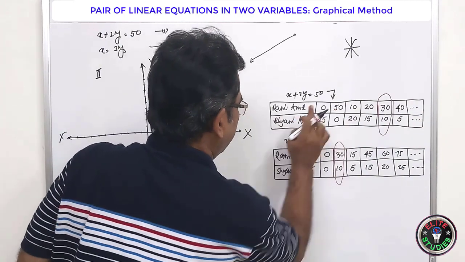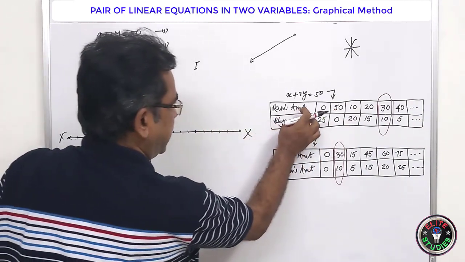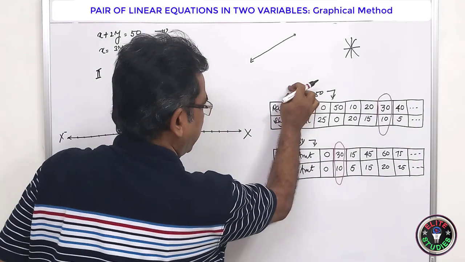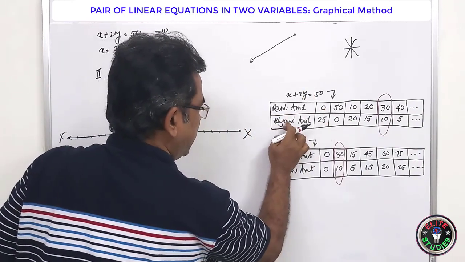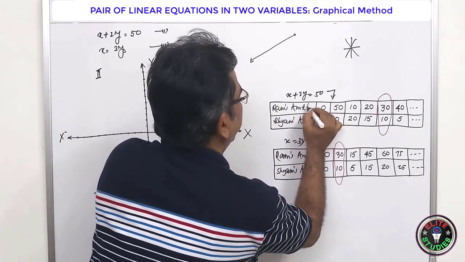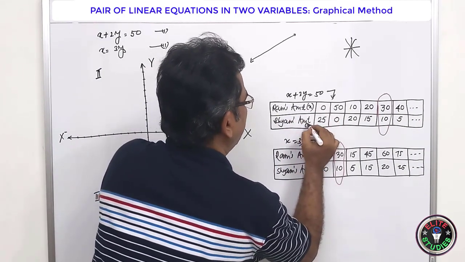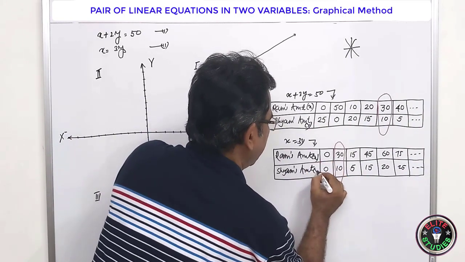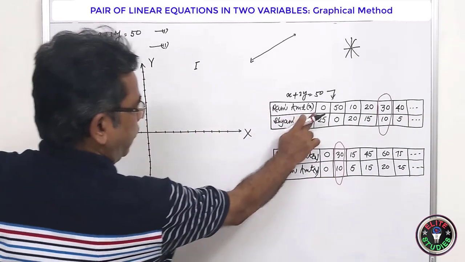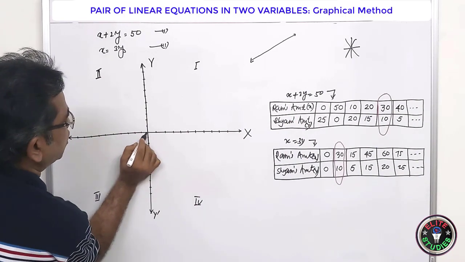First, Ram's amount is 0. Ram's amount has been considered as x, and Sam's amount as y. So x is equal to 0. This is the point 0, 0.